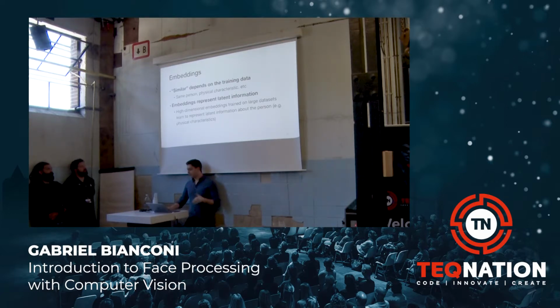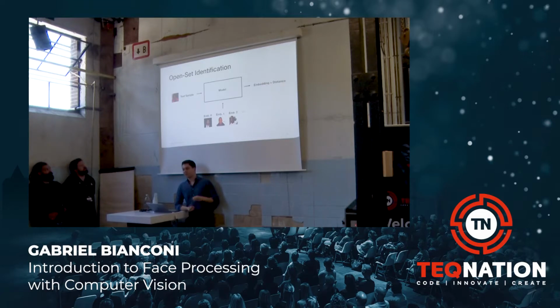So then, now that we know how those embeddings work, the idea for doing identification is pretty similar to classification before, but instead we're generating the embeddings and then computing the distance between known embeddings that we have. So in the case of identification, we're generating the embedding for all the people you want to compare against and also the new test sample that you have, and then you're going to take the closest one as the prediction.